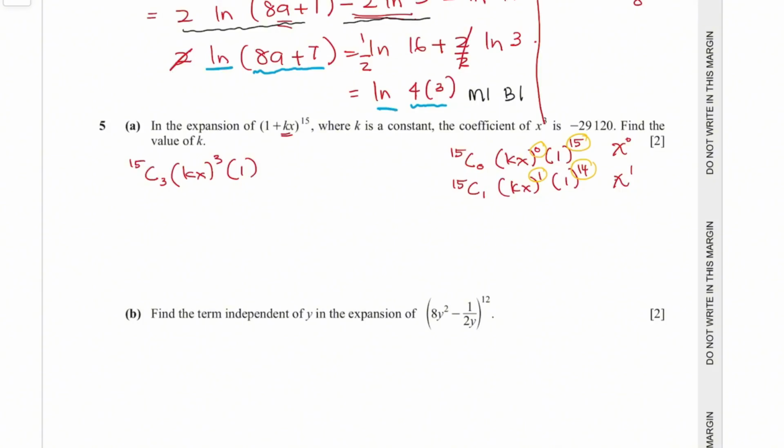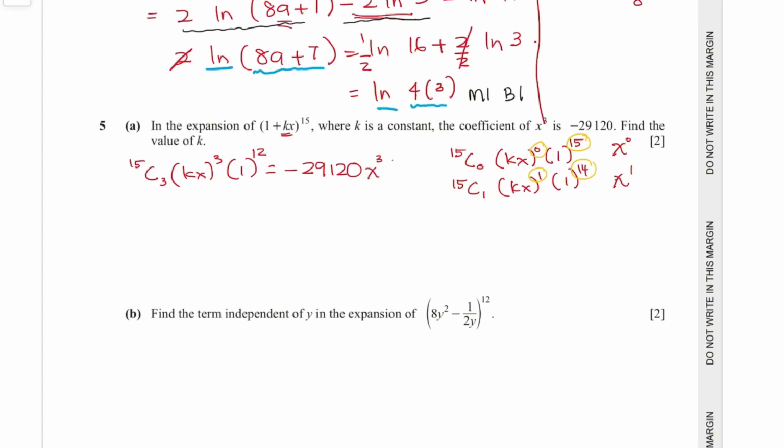Remember, the power must add up to 15, means that it must be power of 12. And this would equal to negative 29,120 x cubed.